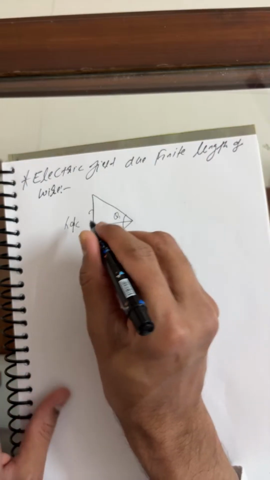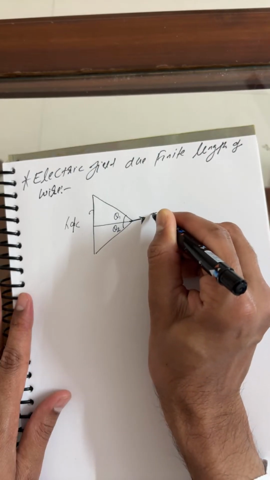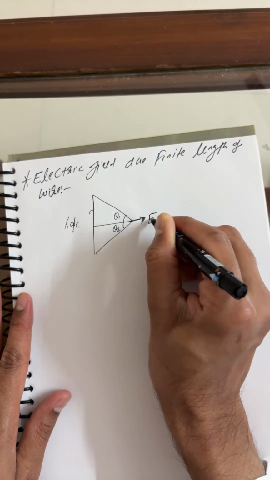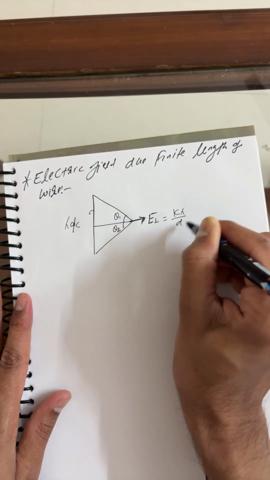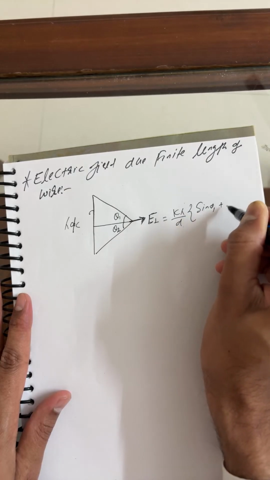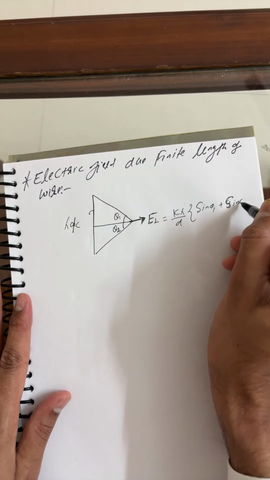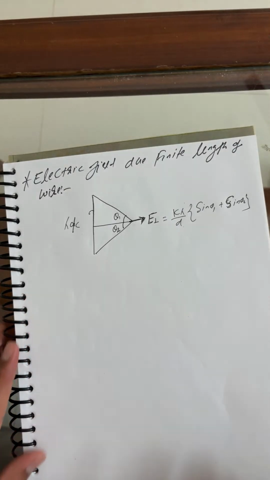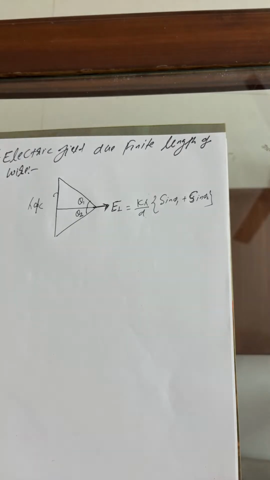For this derivation, you will get E perpendicular equals k lambda by D into (sine theta 1 plus sine theta 2).